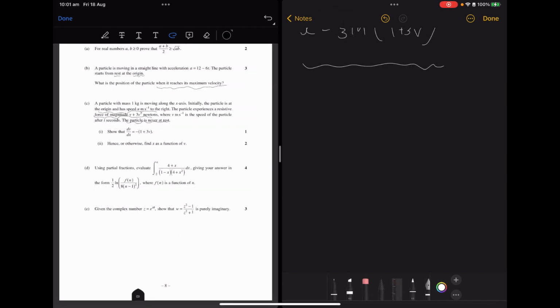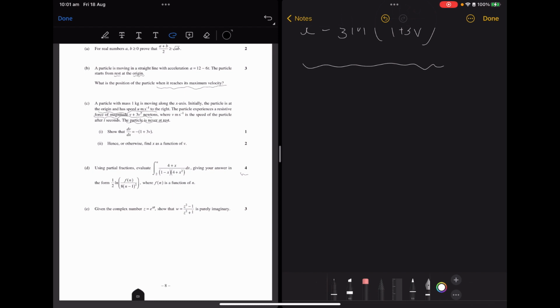For part D, we have: using partial fractions, evaluate the integral from 2 to n of this dx, giving your answer in the form where f of n is a function of n. So this one's a bit of a long one, especially because you can see it is a 4 marker. So this is going to take a little bit of time. Immediately off the bat, we're going to break this up into partial fractions.